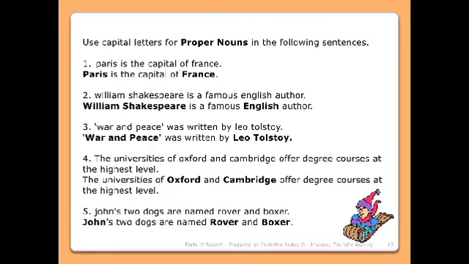William Shakespeare is a famous English author. Now there are 2 proper nouns in this sentence. A language, which is English, is specified as a proper noun, and William Shakespeare is the name of a person, so that is also a proper noun. So we would have to put the capital letter at the beginning of both of these proper nouns.